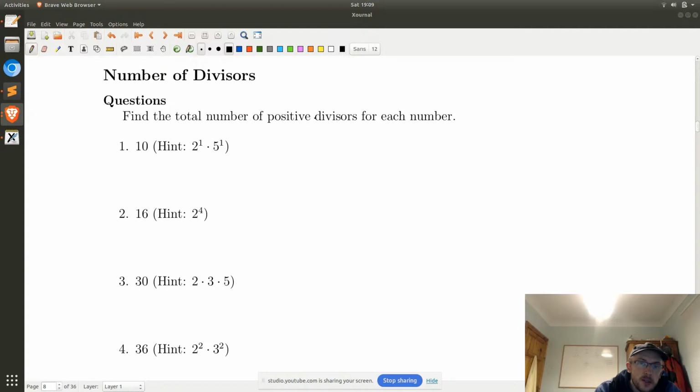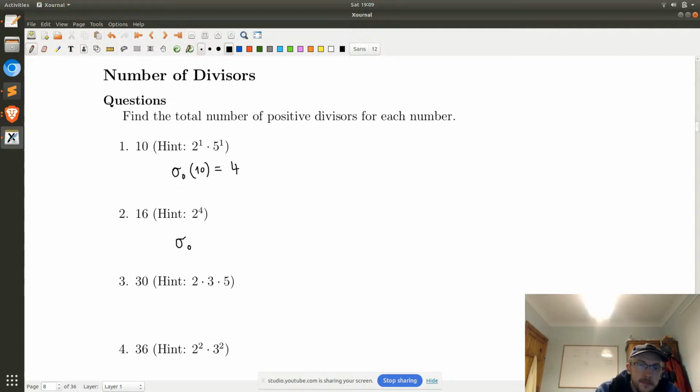Find the total number of positive divisors for each number. So I'm going to write sigma sub 0 of 10 equals, well, 4.